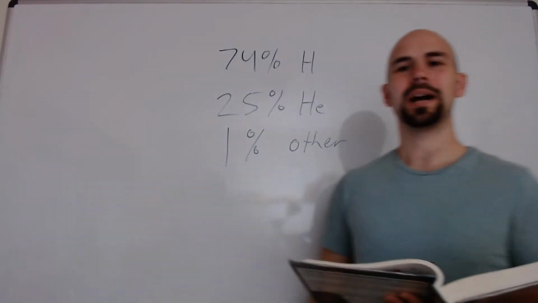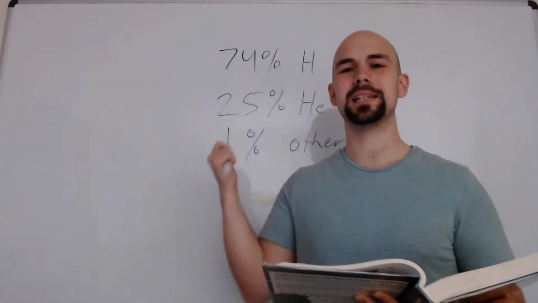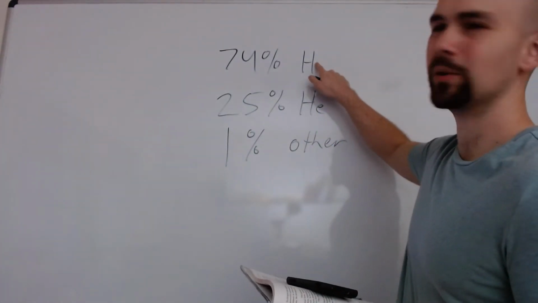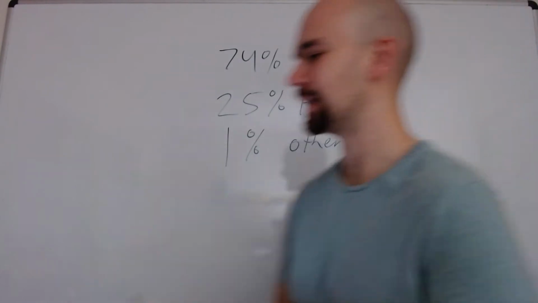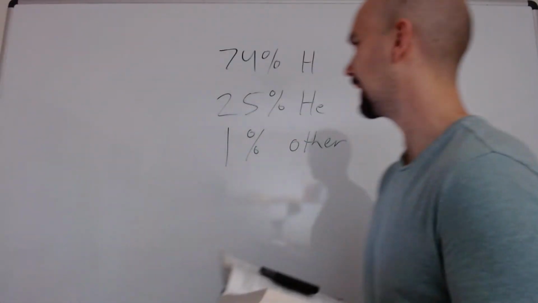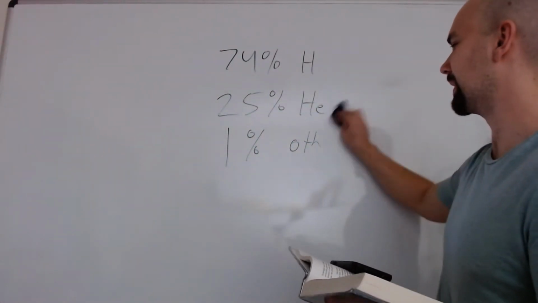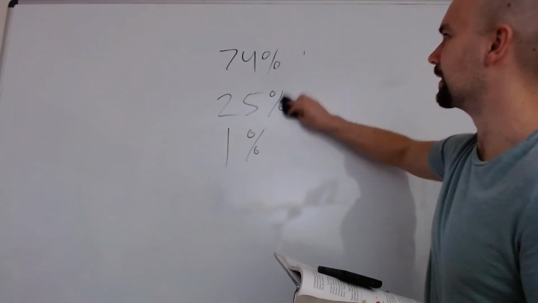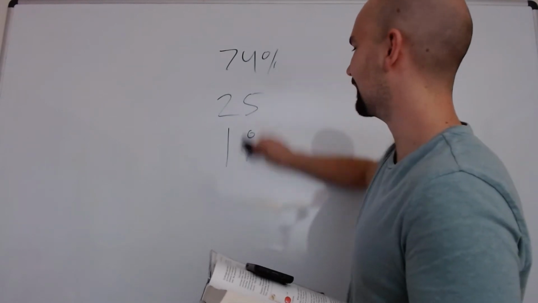Now, how is it that it's so heavy if it contains very light gases? This is something with only one proton, this is something with two protons, very light gases. And think about how helium balloons will float upward because they're lighter than the rest of the air around them.